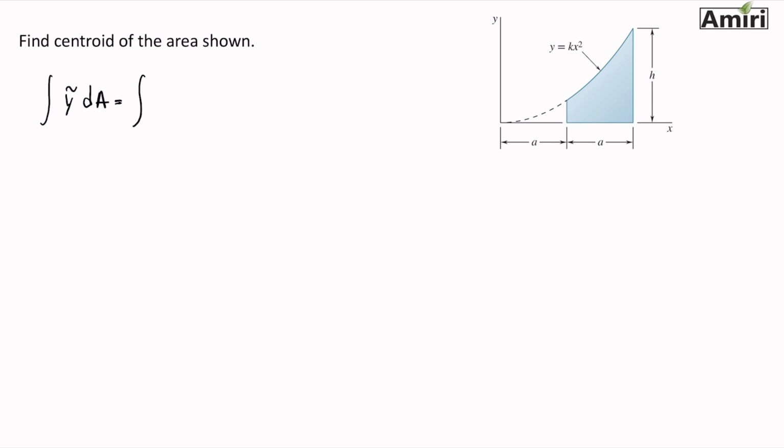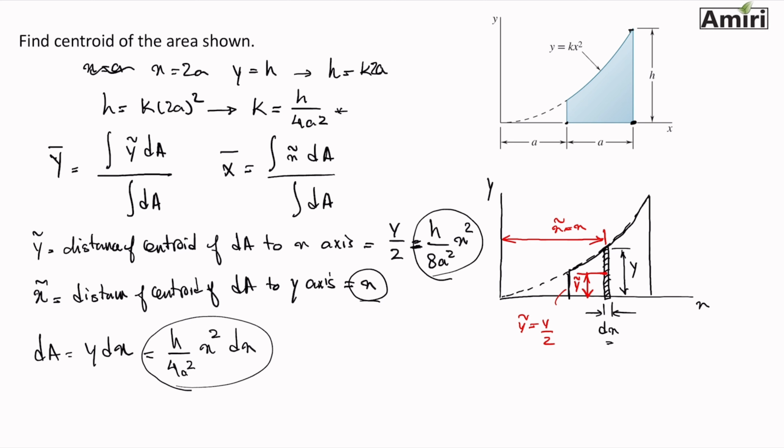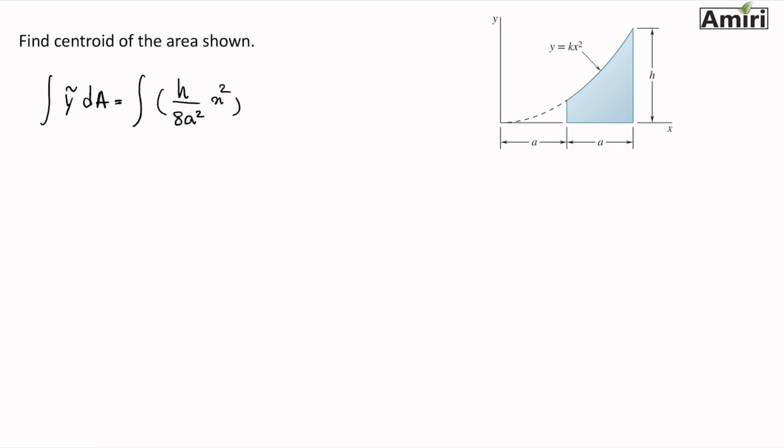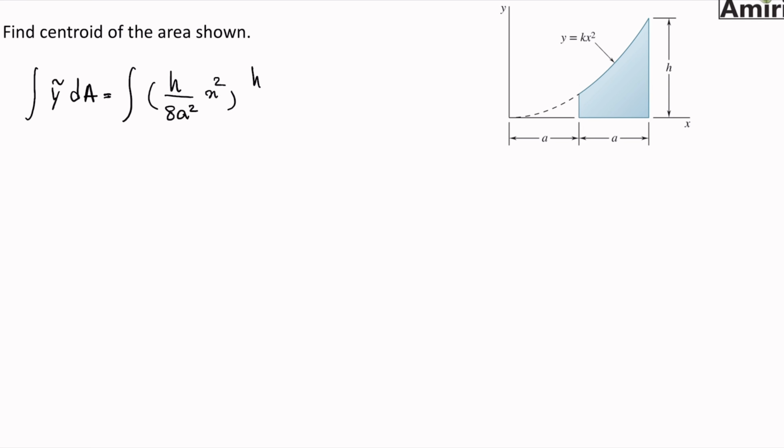If I replace it, it's going to be h over 8a squared x squared, that's my y tilde, and my dA is h over 4a squared x squared dx.